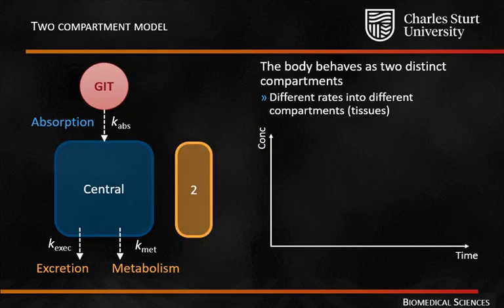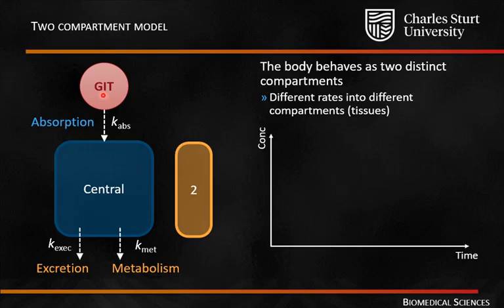Now, if we have a look at some other drugs, they don't behave exactly the same way. And this could be explained by a two-compartment model. So we're talking about volume of distribution, where the volume of distribution was quite large. And so this might occur more frequently in drugs with high volumes of distribution. So we've got the same bucket principle here, which is our central compartment.